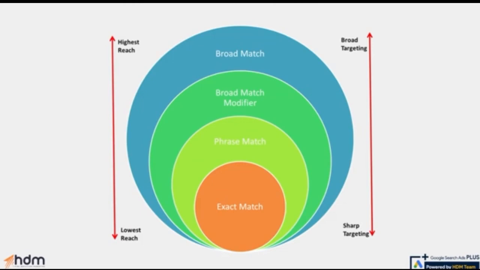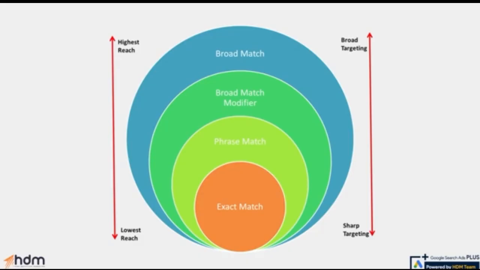I will explain what happens next. Just know that this chart you are looking at now, which is drawn in a circular manner, refers to the old match types. Now right next to it, so you don't forget, there is no longer anything called a broad match modifier, and we don't have such a thing anymore.